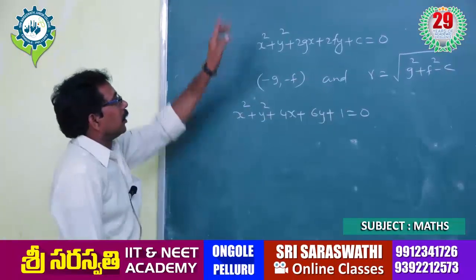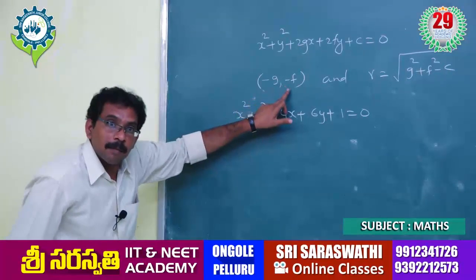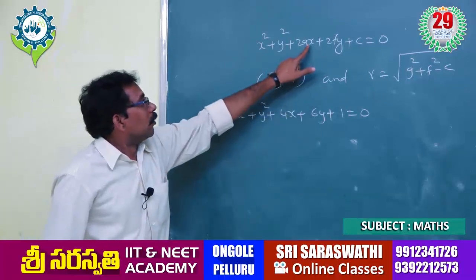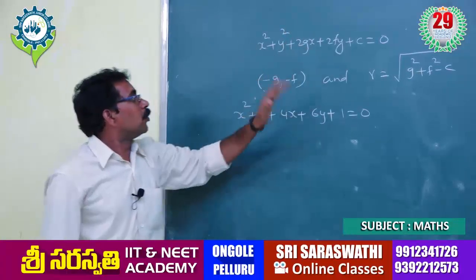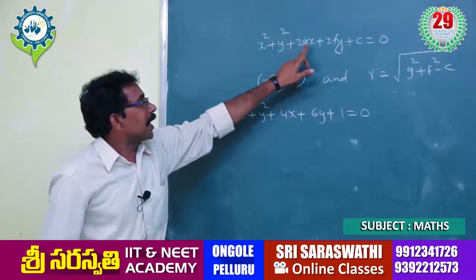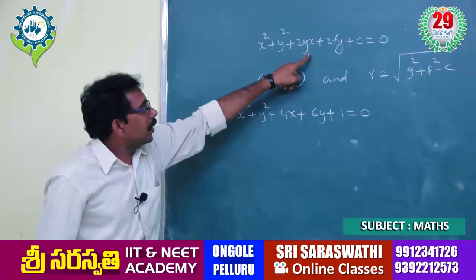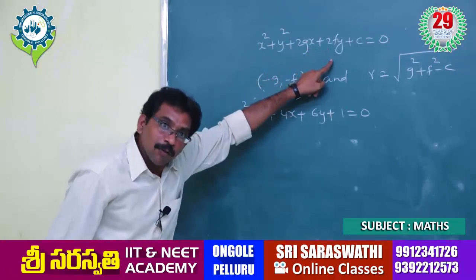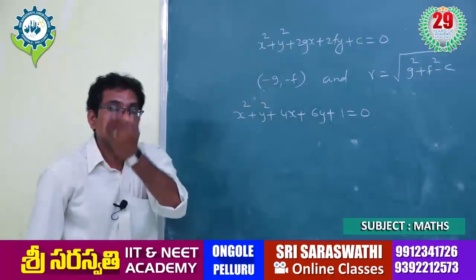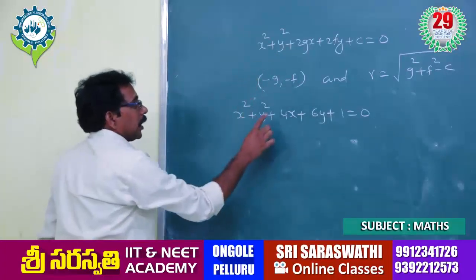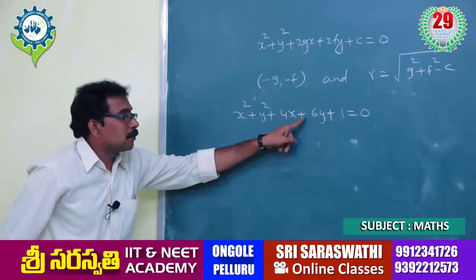See, here we write the center as minus g comma minus f. Means for getting the center, we have to make the signs opposite and divide the x coefficient and y coefficient by the number 2. So here the x coefficient is plus 4, the y coefficient is plus 6.